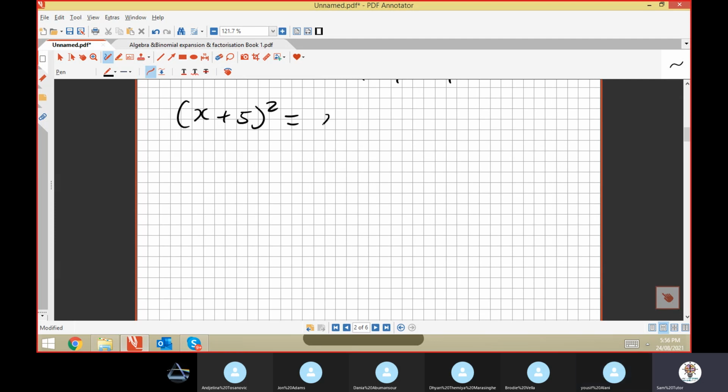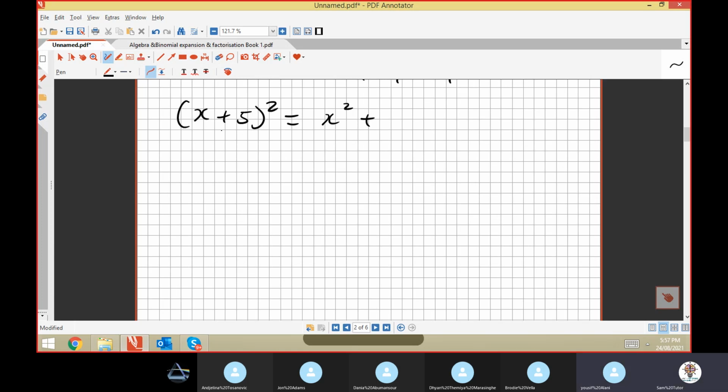X squared, and then you times the inside, so 2x and 10, 2x times 10, which is... wait. Slowly. You said it all correct, but it was all jumbled up. So just one more time. It's then 2 times the inside, which is 5x.